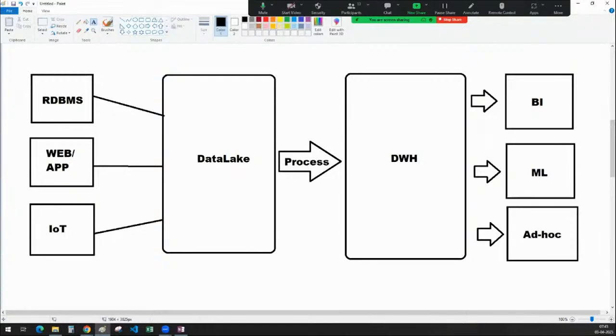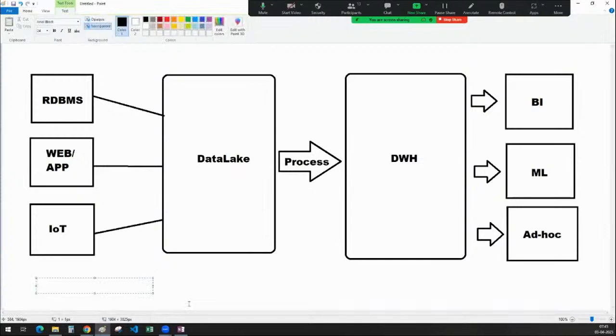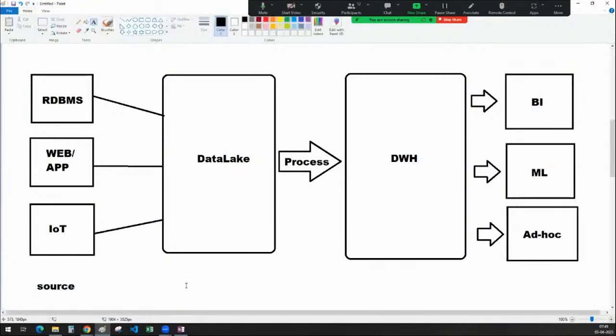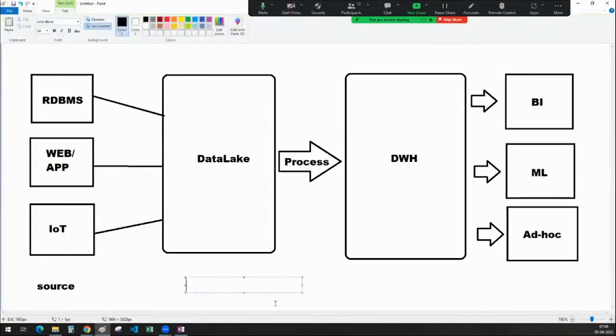In data engineering, at a high level, if you want to understand, this is what we do, guys. We will be working on an ingestion process. Here it is a source, guys. You can think this is a source. From source to the staging or data lake, people call it a storage layer.